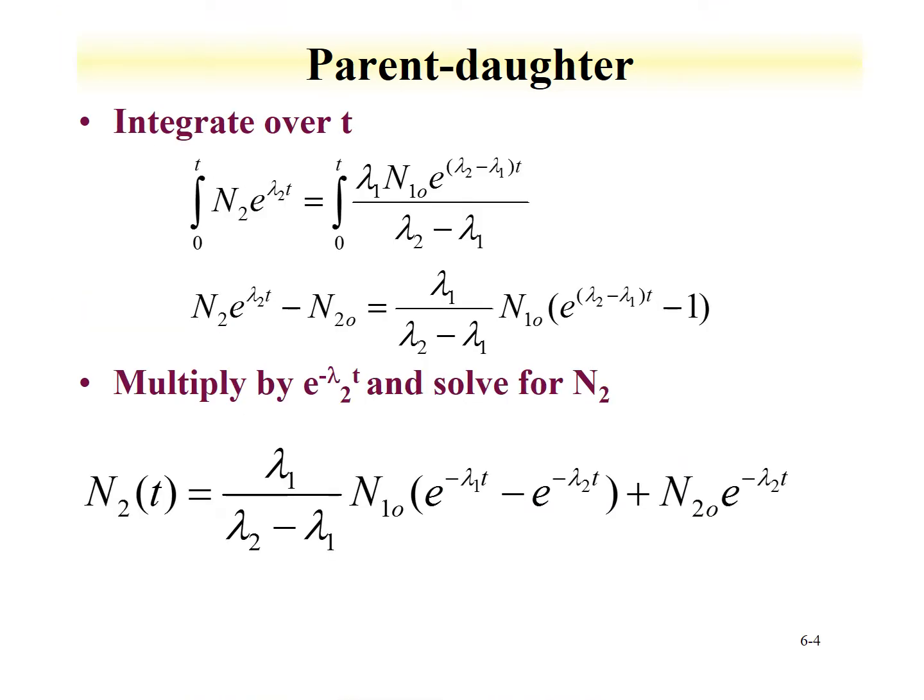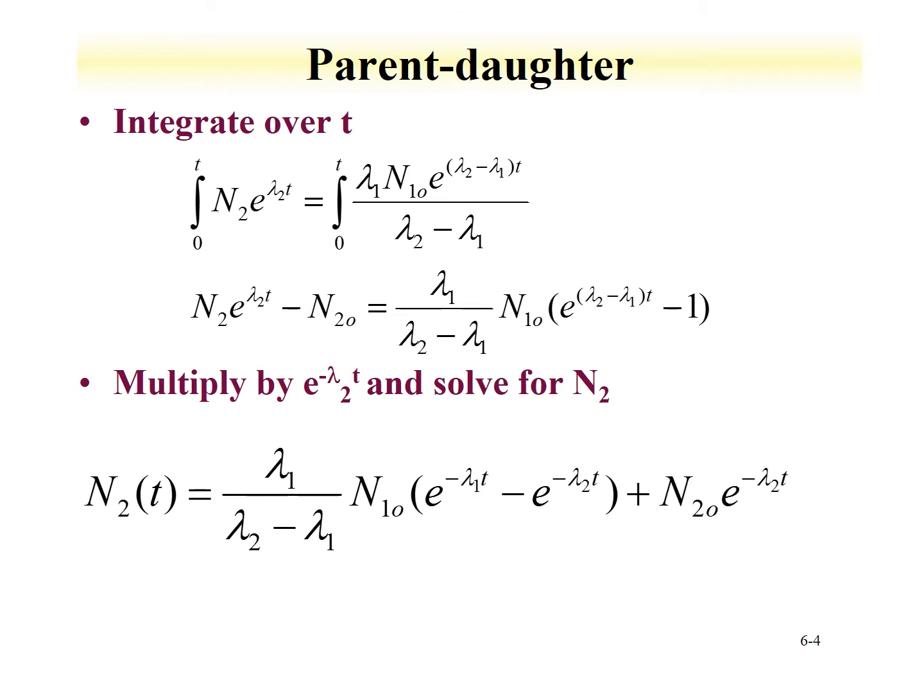Let's take this equation and integrate it from time 0 to time t. We wind up with an expression that's shown here, which is composed of nothing more than the amount of parent, the decay constant of the parent, the decay constant of the daughter, and the time.